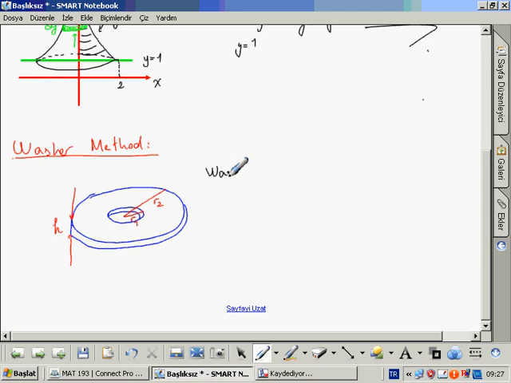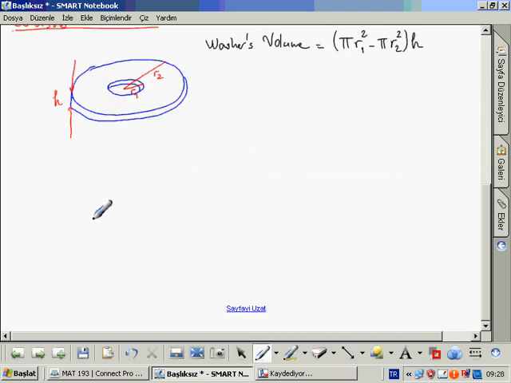The washer's volume can be calculated by this formula, pi times R1 square minus pi times R2 square times H. For example, let me show you a graphic about this washer method.